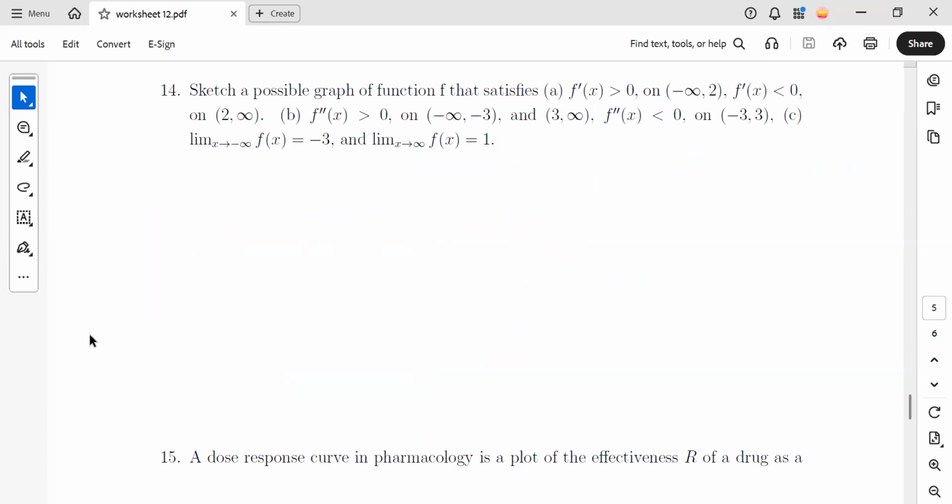14. So first of all, we are going to summarize whatever we have here for f prime. For f prime, based on the question, before x equals 2, it will be positive, so it is increasing.